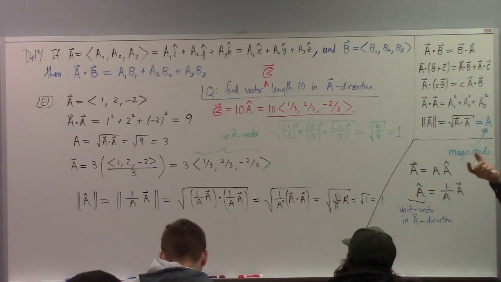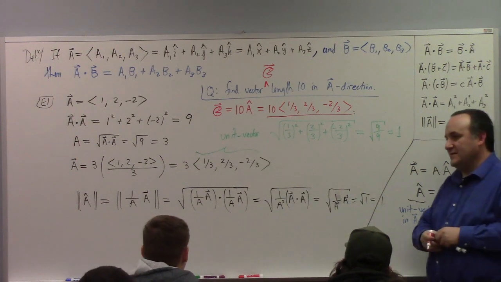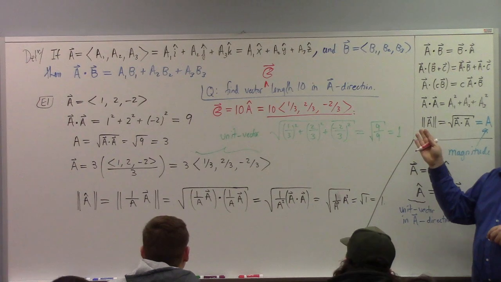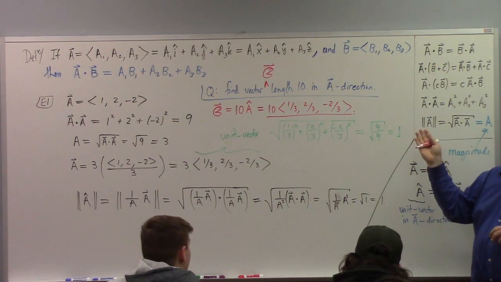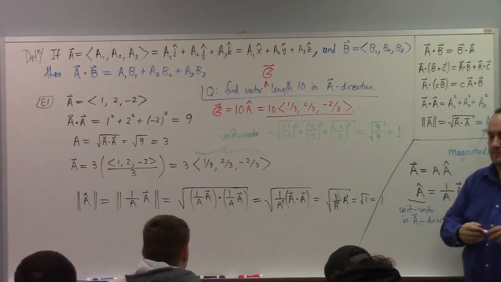If you take a unit vector and you multiply it by a number, the length of the resulting vector is simply that number. Unless the number is negative, in which case it's the absolute value of the number, right? If I put minus 10 a hat, that would also be a vector of length 10, but it wouldn't be in the a direction. It would be in the opposite direction to a.